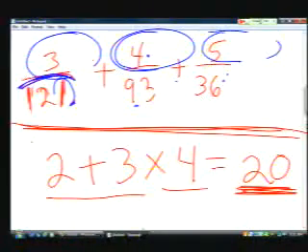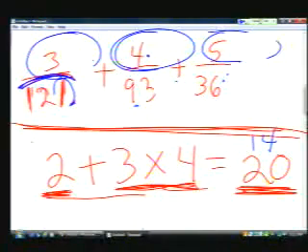Now some calculators are going to give you 14, because even though you punch in 2 plus 3 first, then times 4, it's going to multiply the 3 times the 4 first, get 12, then add it to the 2 to give you an answer of 14.